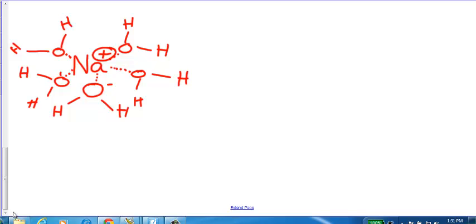The metal in the ionic compound is always positive, and it will always be surrounded by the oxygens. The nonmetal, which in this case was Cl minus, is negative, and water will orientate itself so the positive part of water is facing the negative ion, again because opposites attract.